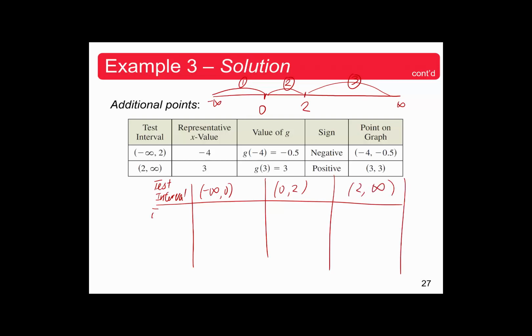And then we're going to pick a test value from each interval, meaning you just pick a number from the interval. For the first one I'll pick negative 1, because negative 1 is within the interval, right? Second one I'll pick 1. Third interval I'll pick 3. Theoretically, any number in the interval is good. And then let's find the sign of f of x for each test value.